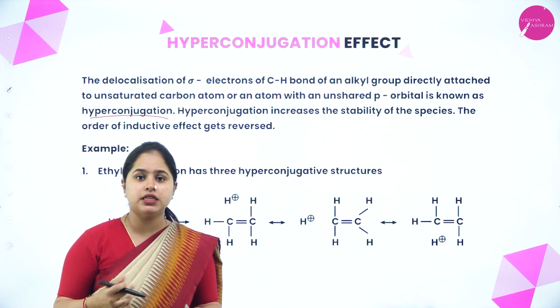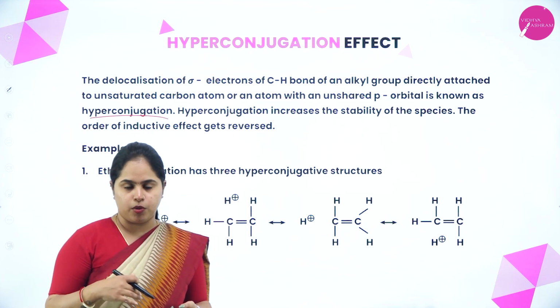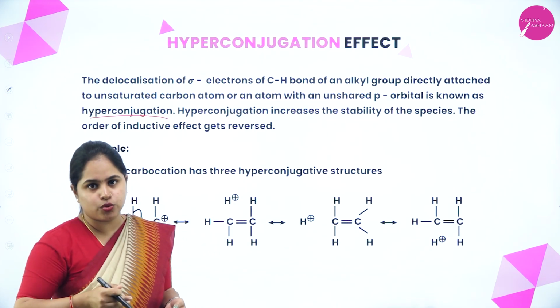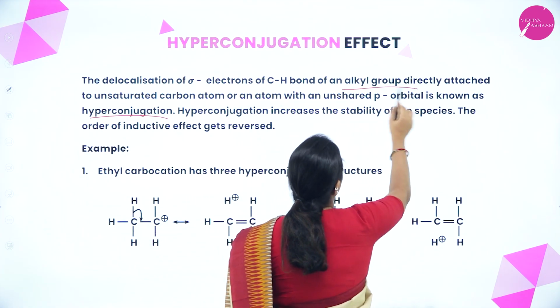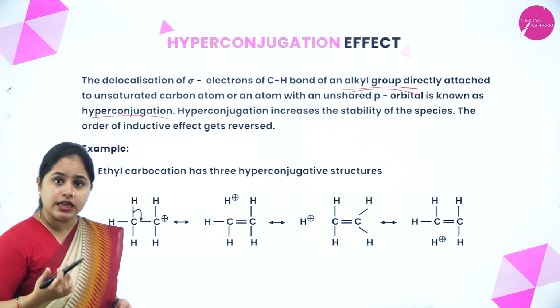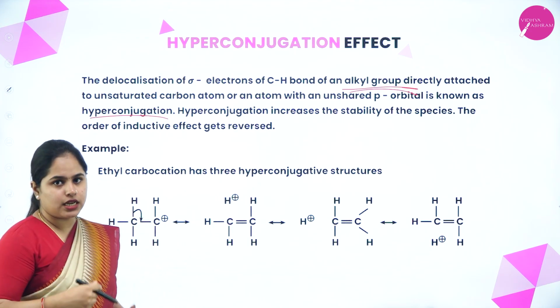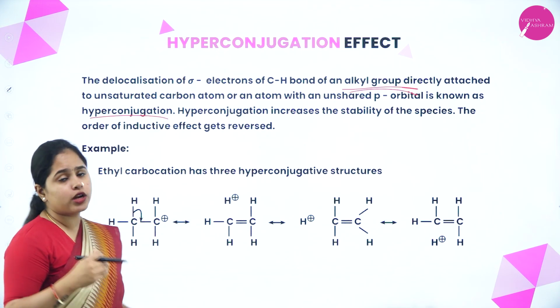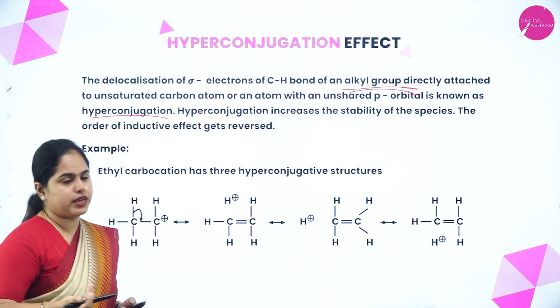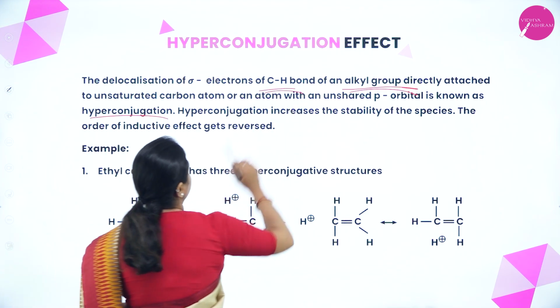Unsaturated carbon atom means either it is double bond or triple bond, and directly attached to it there must be an alkyl group also. Right. And now if there is an alkyl group which is attached to the unsaturated carbon atom, delocalization of sigma electrons takes place in the CH bond.